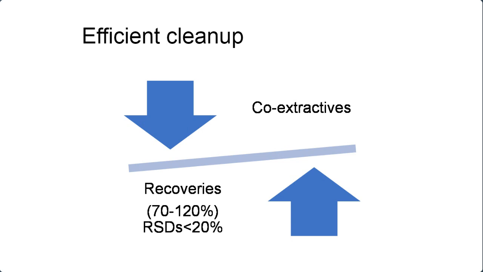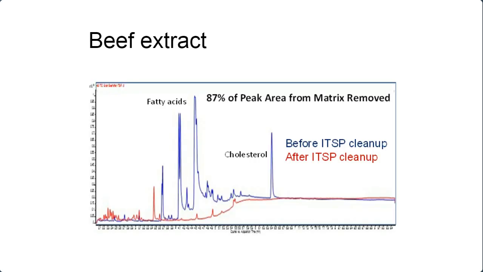To show you how efficient the cleanup is, here's a total ion chromatogram done by GC-MS, and in blue you can see the chromatogram before automated ITSP cleanup, which shows fatty acids and cholesterol peaks. And in red, you can see the chromatogram after cleanup. By looking at the peak areas and doing calculations, we can see that 87% of matrix interferences are removed during the cleanup. And I'm sorry, I failed to say that was beef extract.